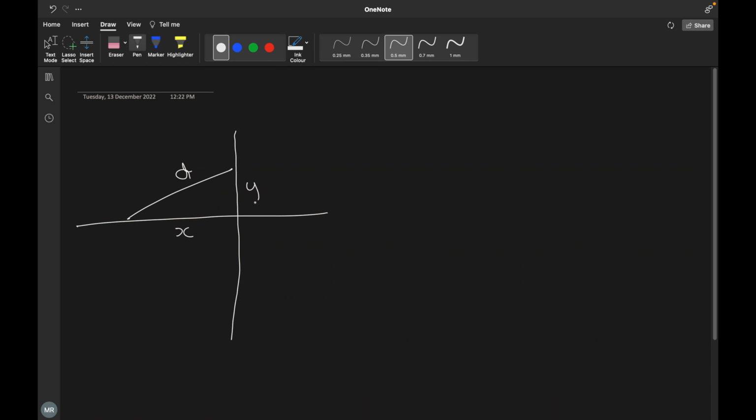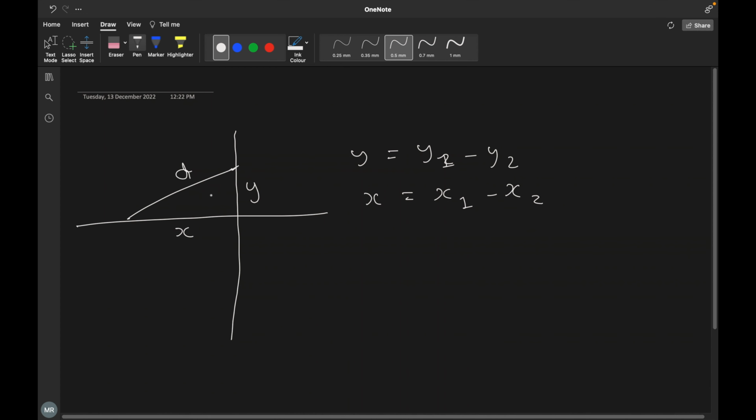And this would be the y, where y equals y1 minus y2, and x equals x1 minus x2, because we're just finding the difference. So this is x2, this is x1, the coordinates.